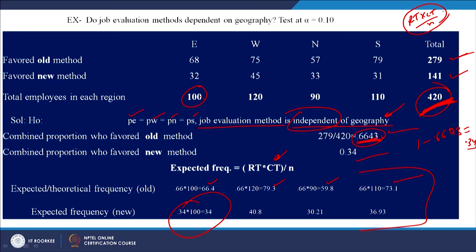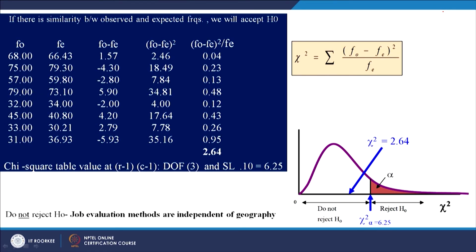Okay. So, let us look at the solution to this question. You have got all these FOs over here, all FEs over here, FO minus FE, some of them are positive, some of them are negative, but the moment you take the square of this particular column, all values are positive. Divide each of these values by FE.